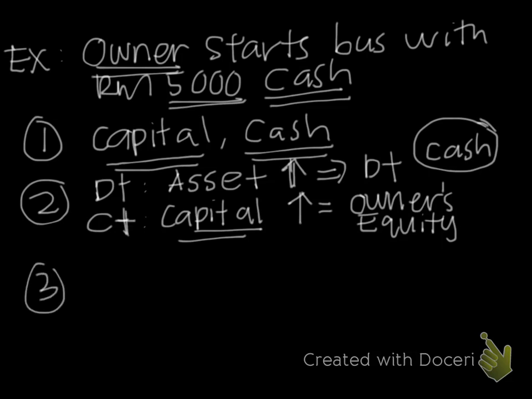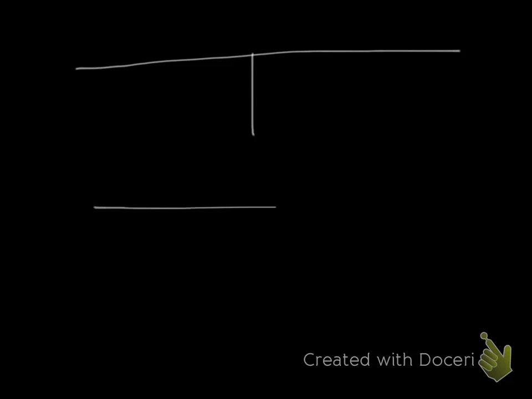So now we record this transaction in T account. We already identified the 2 accounts affected from this transaction, which are the cash and also the capital.